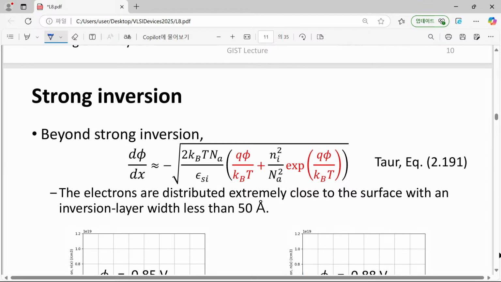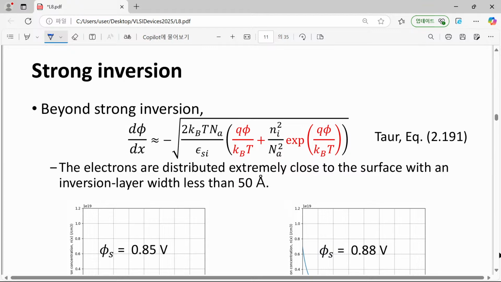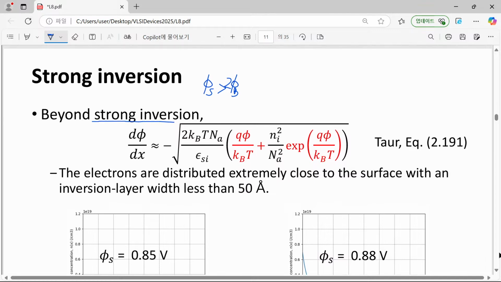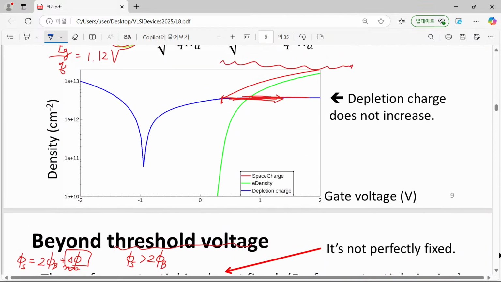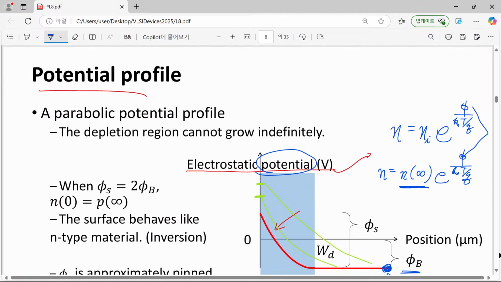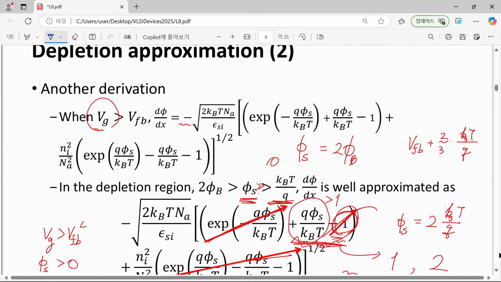So let me explain a little bit further with the equation. Now think about the strong inversion case. Strong inversion means that phi s is now higher than 2 times phi b. In this case, what is important? Let me come back to our equation here and have a look at this once again.